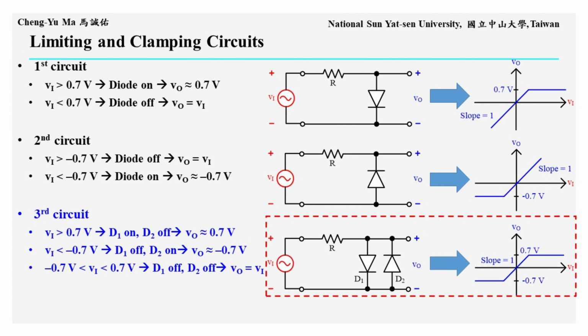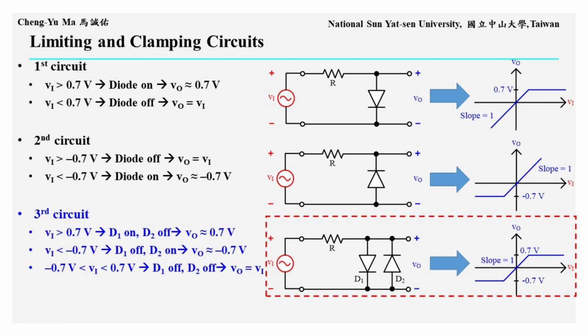Now let us look at the third circuit. Two diodes, D1 and D2, are connected in parallel but in opposite directions, as shown in the lower circuit. When the input signal Vi is greater than 0.7 volts, D1 turns on, while D2 is reverse biased and remains off. Therefore, VO is approximately equal to the forward turn-on voltage of D1, which is 0.7 volts. When Vi is less than negative 0.7 volts, D2 turns on, while D1 is reverse biased and remains off.